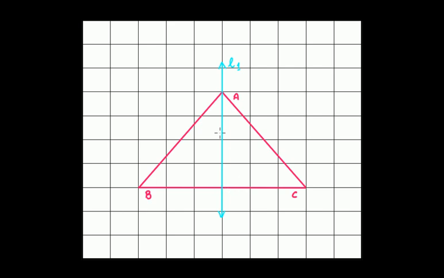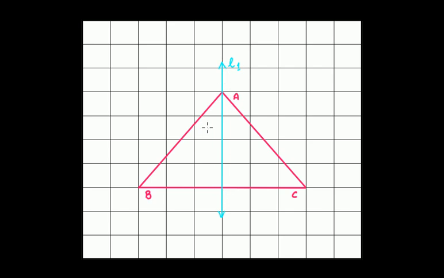Why? Because this will divide the triangle into two equal halves, each a mirror image of the other. Just imagine that this is the mirror line, or the line of symmetry, or the axis of symmetry for this triangle, and you have placed a mirror on this line.